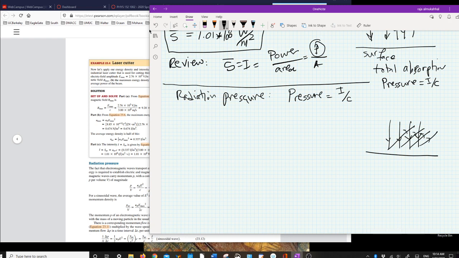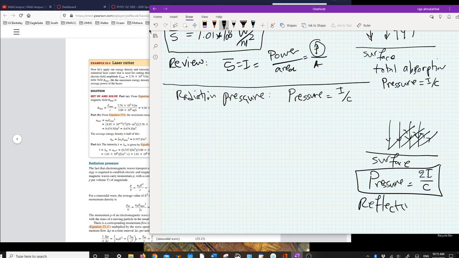What will happen is that the pressure on the surface is actually twice that. 2I over C for reflective, and I over C for absorption.